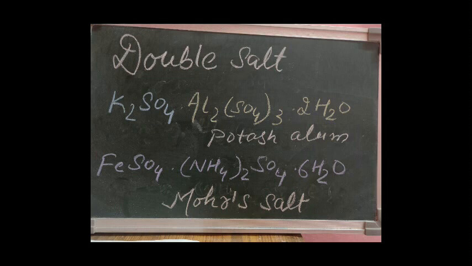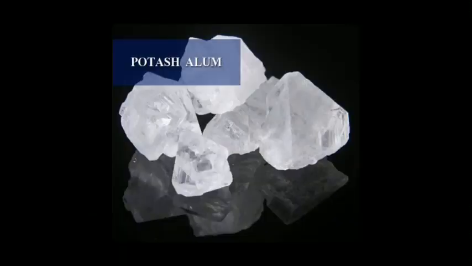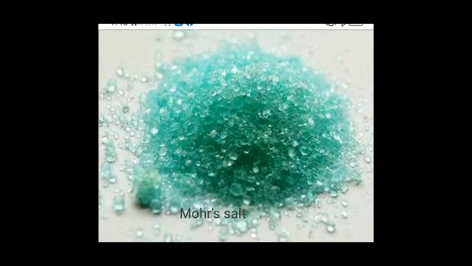Mohr salt is made up of ferrous sulfate and ammonium sulfate with the 6 molecules of water. Here you can see the crystallized form of potash alum. Mohr salt is a greenish colored crystallized salt.